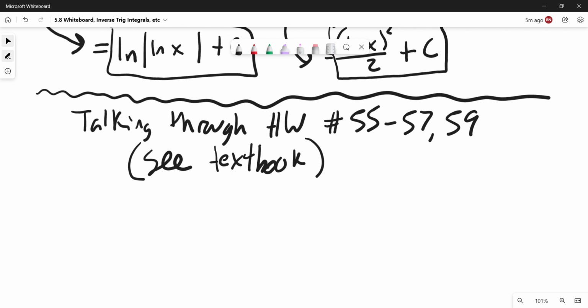Okay, 56. Ooh, this one's tricky. All right, let's see if I can figure this out myself. 56. X squared looks like a pretty good u candidate. du dx would be 2x.